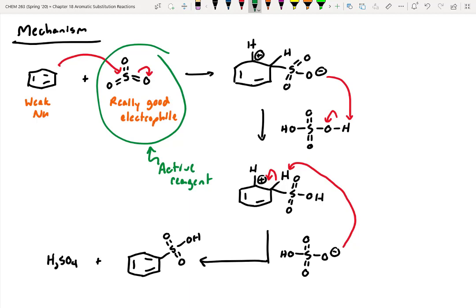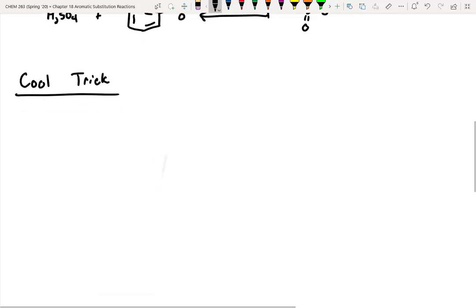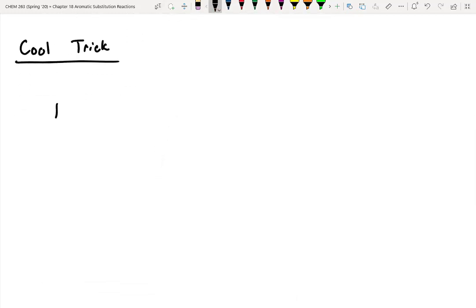All right, so I'll show you a really cool trick with this reaction. And we'll talk more about this later when we get into synthesis problems. But this cool trick is that this reaction is reversible. So let's go ahead and show the forward reaction. So I'm going to do H2SO4.